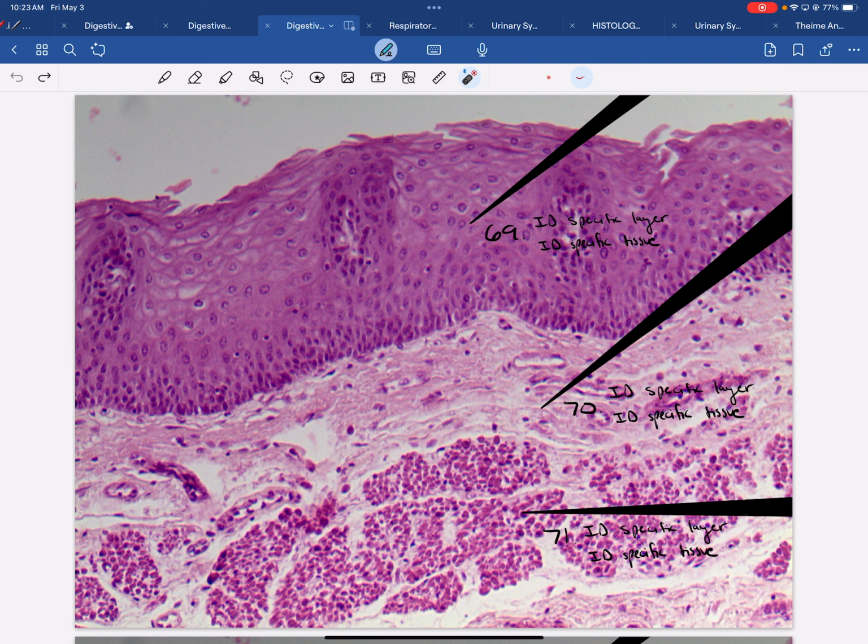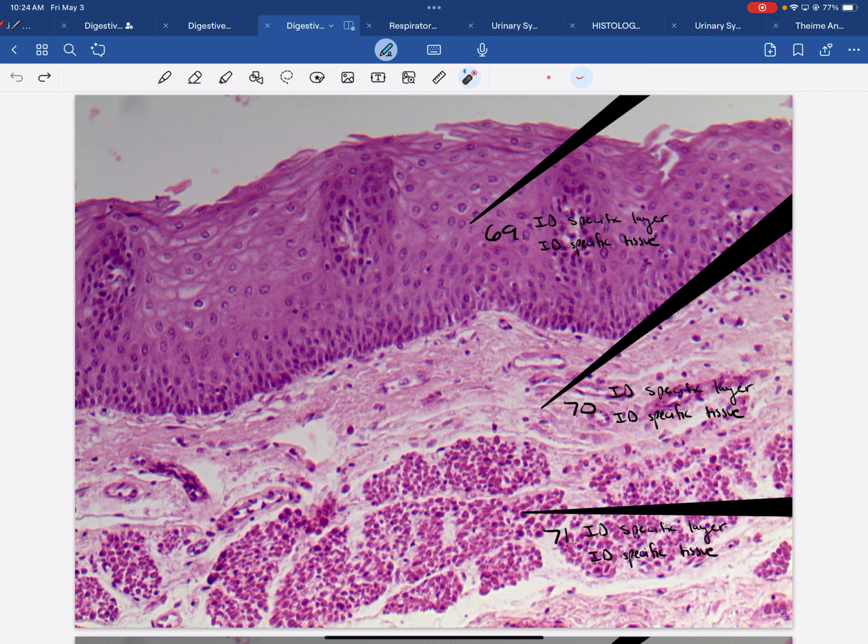All right, what is this major layer? Good, the mucosa. What is this specific layer? Good, the lamina propria. What is it made of? Good, areolar connective tissue. What is this specific layer? Good, the muscularis mucosae.